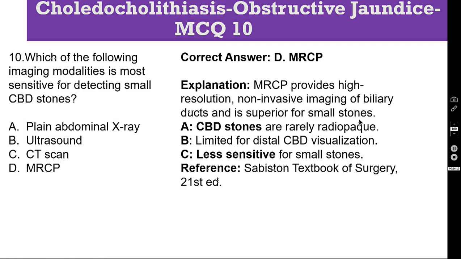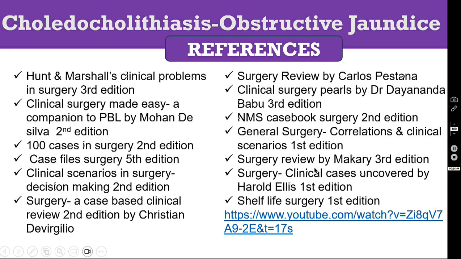A is incorrect because CBD stones are rarely radio-opaque. If you are taking a plain abdominal X-ray, you cannot visualize them. B is also incorrect. Ultrasound is limited for distal CBD visualization. CT scan is also less sensitive. So the correct answer is MRCP. Reference again Sabiston's textbook of surgery, 21st edition.